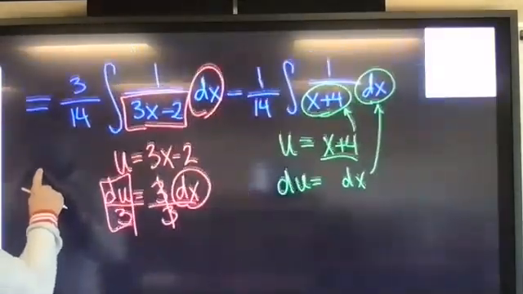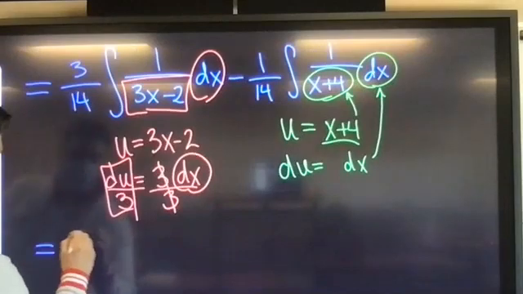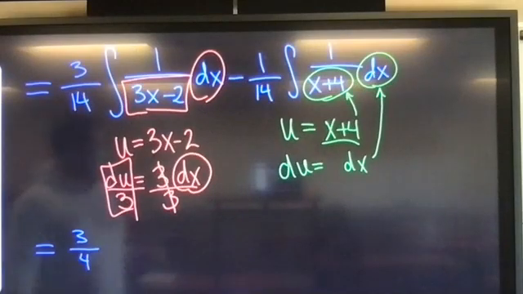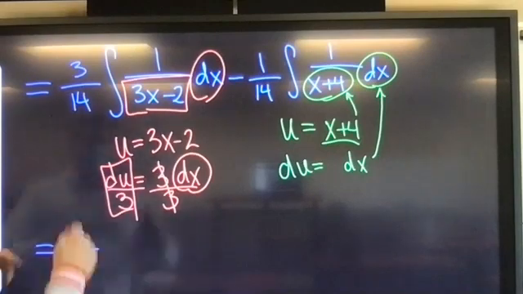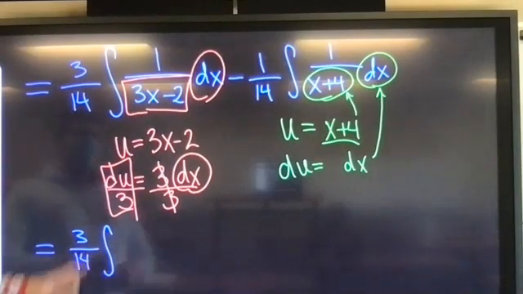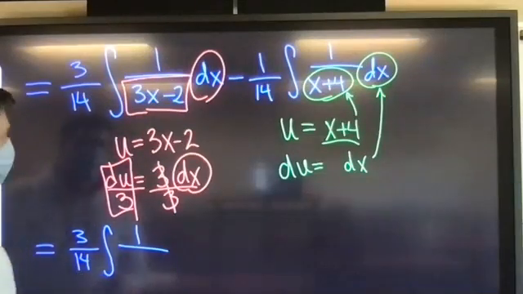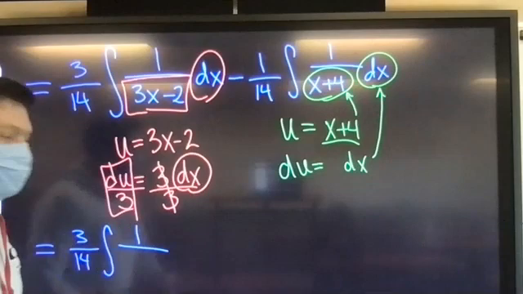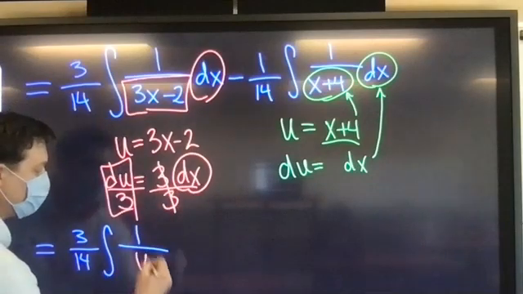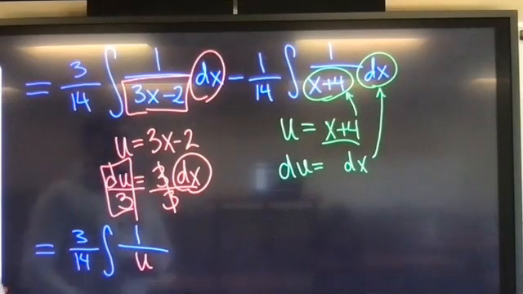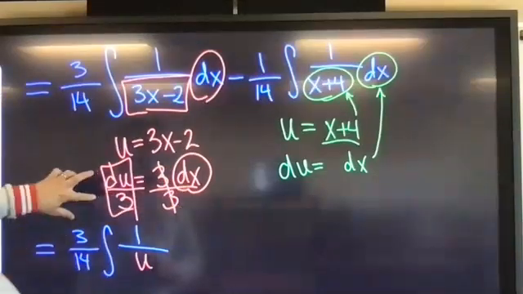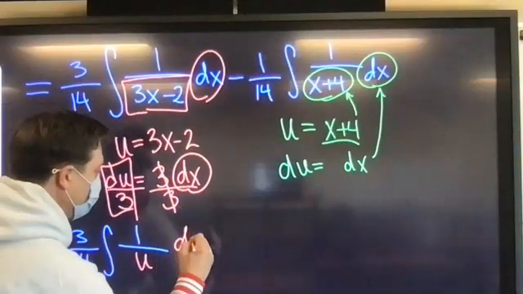So we have 3 over 14. Sorry. We have 3 over 14, that didn't change. We have the integral, and it's still 1 on the top. But on the bottom, instead of 3x minus 2, we're going to put the u substitution that swaps it out. And then dx is du over 3.